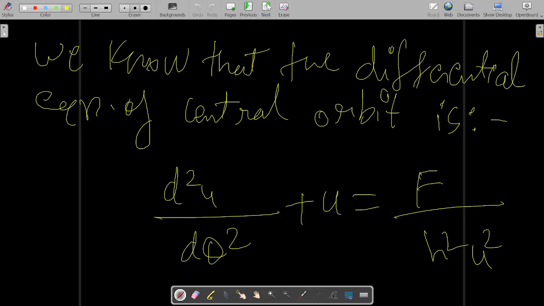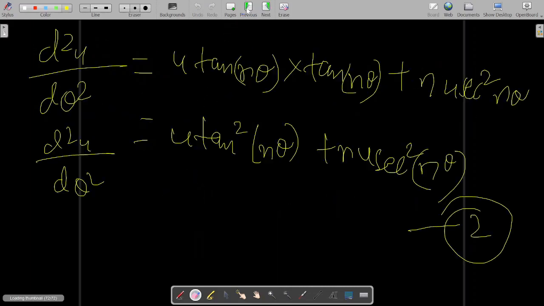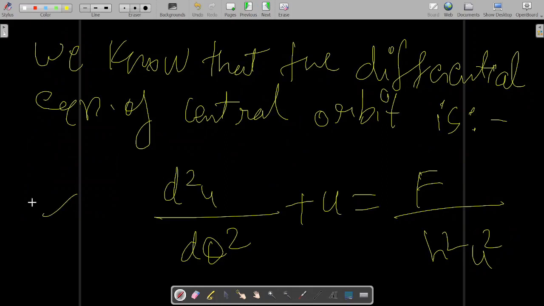In place of d2u by d theta 2, you substitute the value from equation 2, in this particular equation.